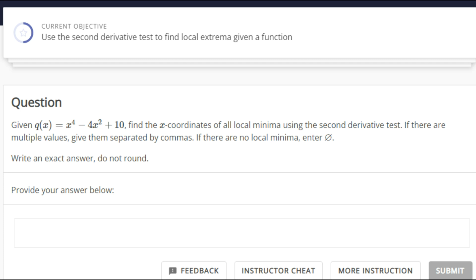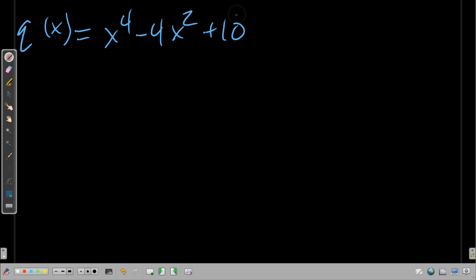Find all of the x-coordinates of the local minima. So let's do it. We have q of x being x to the 4th minus 4x squared plus 10. Q prime, so q double prime will be a quadratic, right? We'll have to factor it. Q prime is 4x cubed minus 8x.